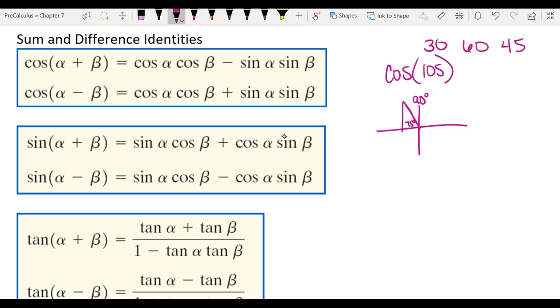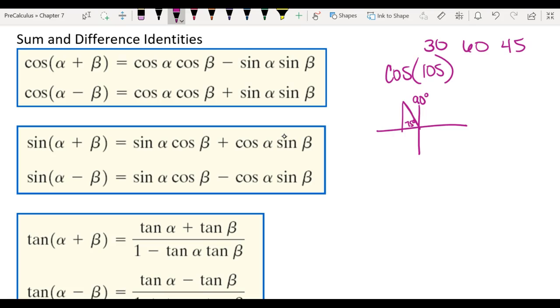How you do this is you say, okay, I have 105. Which two of these added or subtracted gets me 105? Well, what's 60 plus 45? 105. And so you're going to use the cosine of 60 plus 45 formula. Does that make sense?